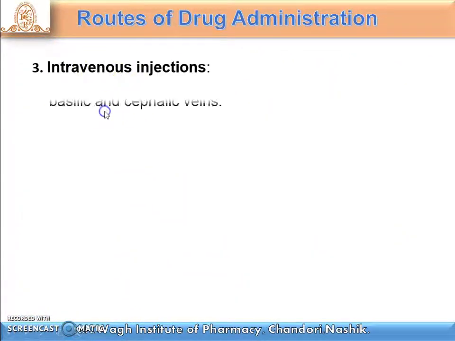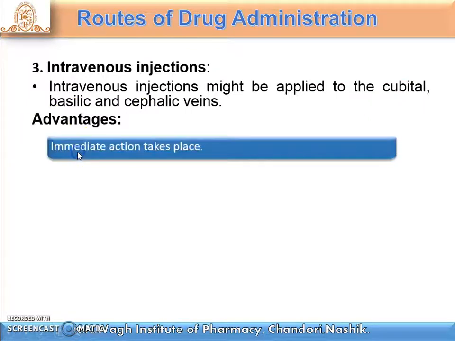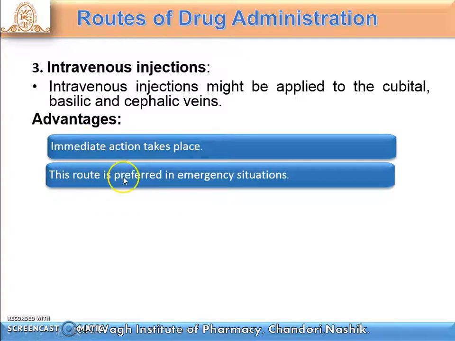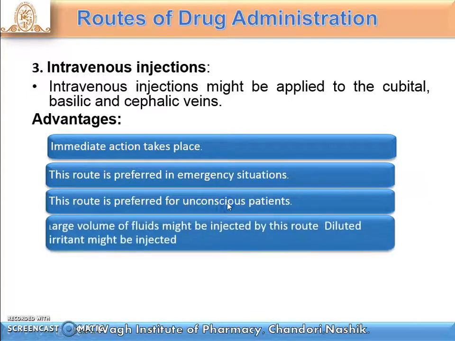Then intravenous injections. Intravenous injection might be applied to the cubital, basilic and cephalic veins. Advantages: immediate action takes place. This route is preferred in emergency situations and for unconscious patients.